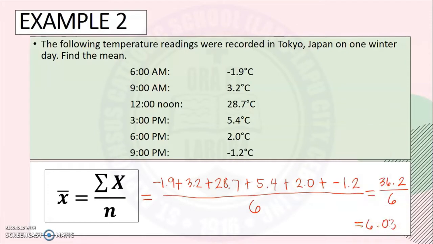Make sure to round off your answers to the nearest hundredths or 2 decimal places. So, our answer, the mean for the given set of data is 6.03.